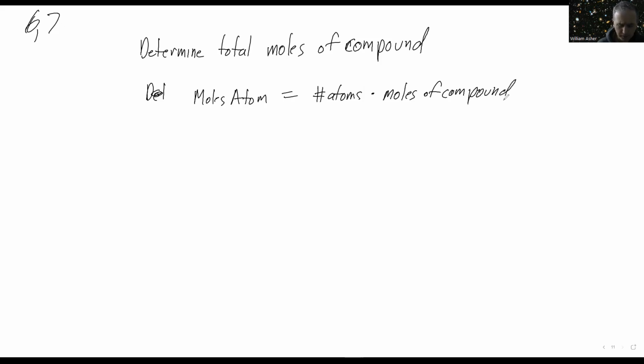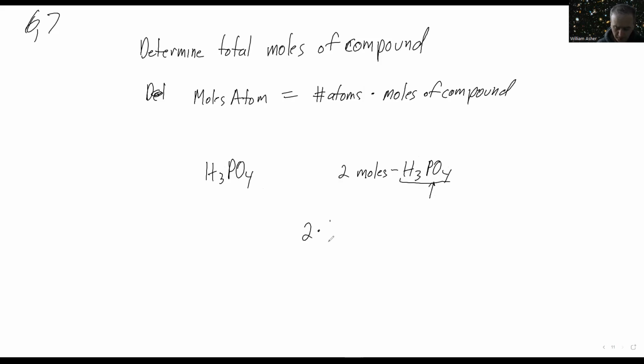So for example, if you had phosphoric acid, H3PO4, and you knew you had 2 moles of phosphoric acid, then how many moles of oxygen do you have? Well, you've got 4 moles of oxygen atoms for each mole of this.